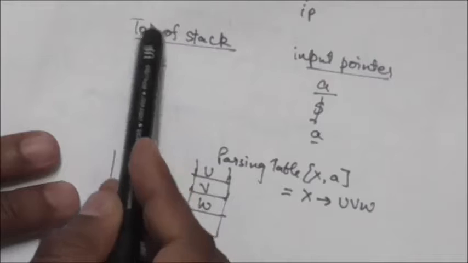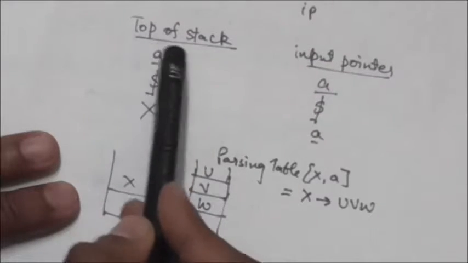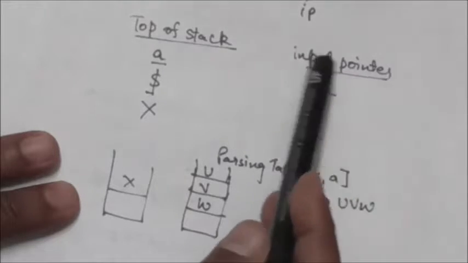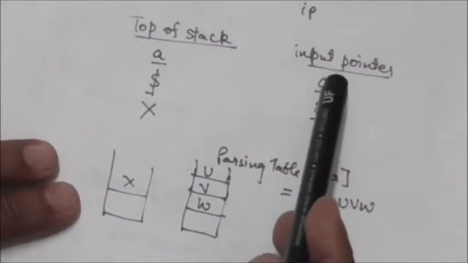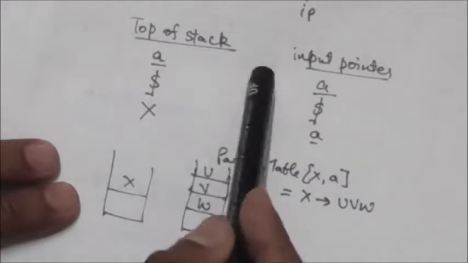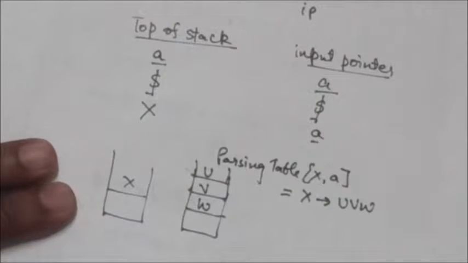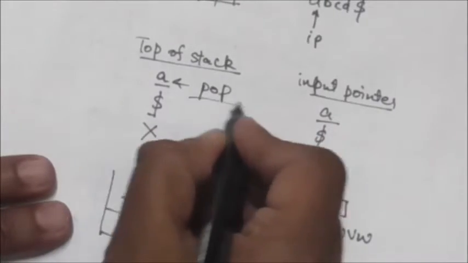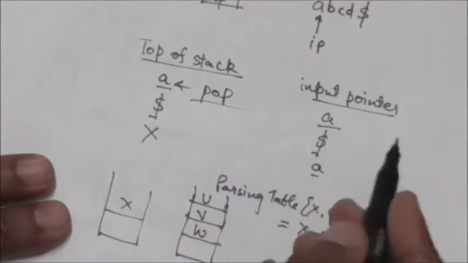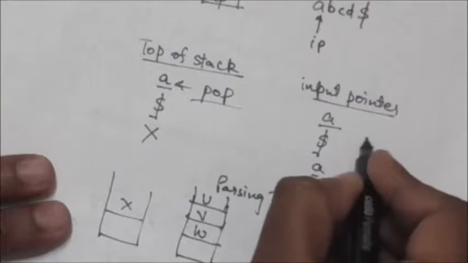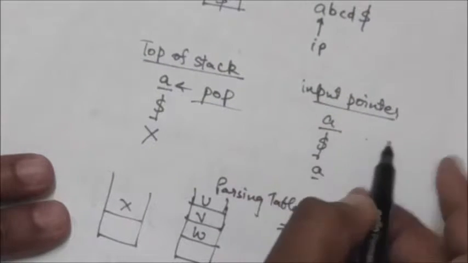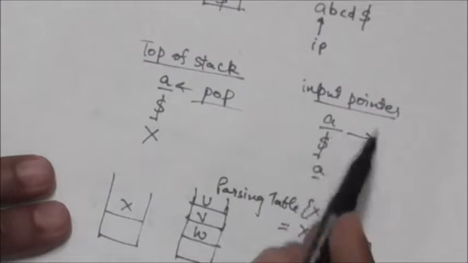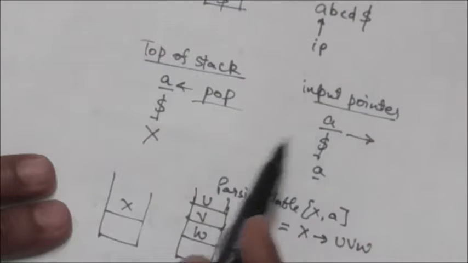If at the top of the stack is a terminal symbol which is the same as the terminal symbol pointed to by the input pointer in the string, in this case we will pop this terminal symbol from the stack, and the input pointer which points to this terminal symbol A will move one position to the right. This input pointer will move forward.